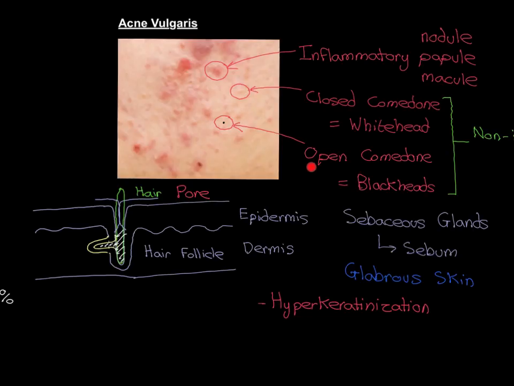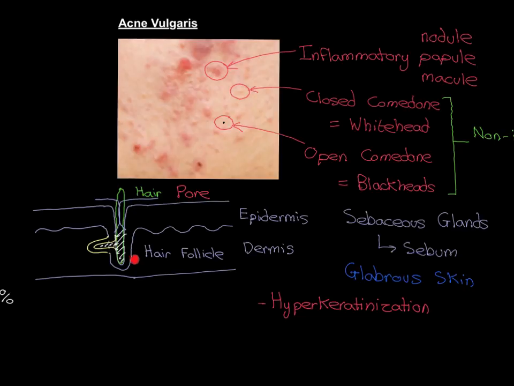And this is why it's called an open comedone, because the comedone refers to the build-up of sebum in the hair follicle here, and when it's closed, it's trapped, the entrance to the pore is clogged, and when it's open, this initial plug has been burst open and the sebum is now coming out. So, when the top bursts open and the sebum comes out, that produces a little black lesion like this, and that is what's known as an open comedone or a blackhead.